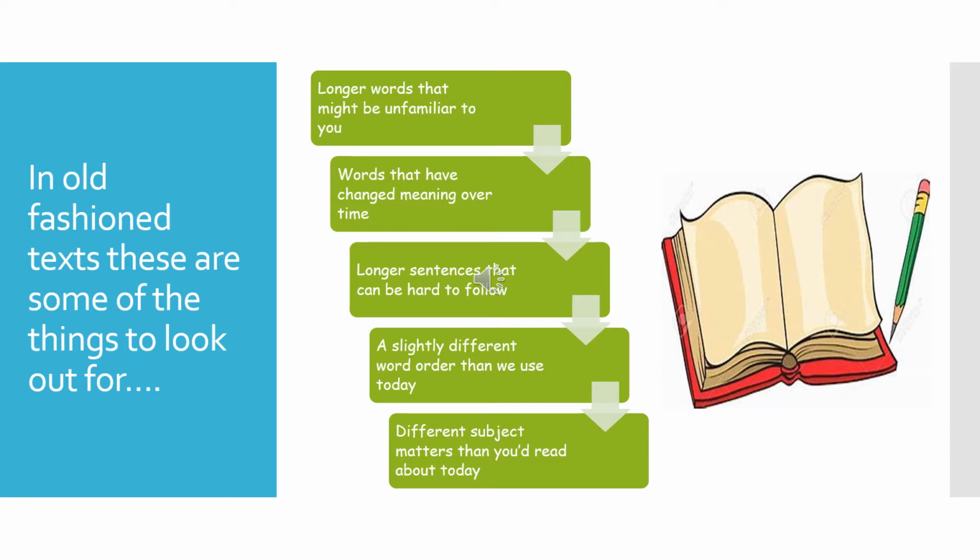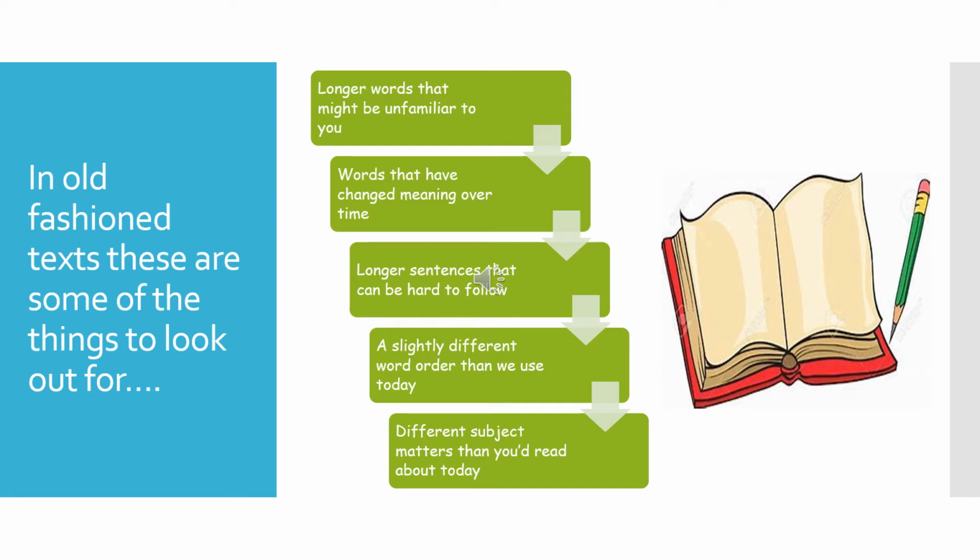In old-fashioned texts, there are quite a lot of differences in language that you need to be aware of. So, for example, they would have used a lot longer words, which today we might be unfamiliar with, or indeed words that have changed meaning over time.